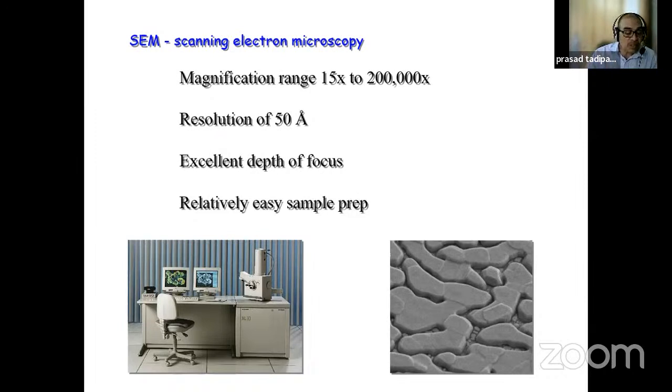So this is the magnification. We can get it as W by R, where W is the width of the CRT display and R is the width of a single line scan across the sample. From that we can get the magnification.